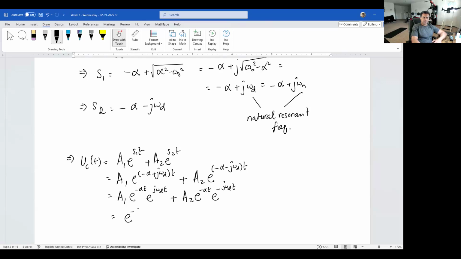The common factor is e to the power negative alpha t, and then I can write this down as e to the power negative alpha t times A1 e to the power j omega d t plus A2 e to the power negative j omega d t.